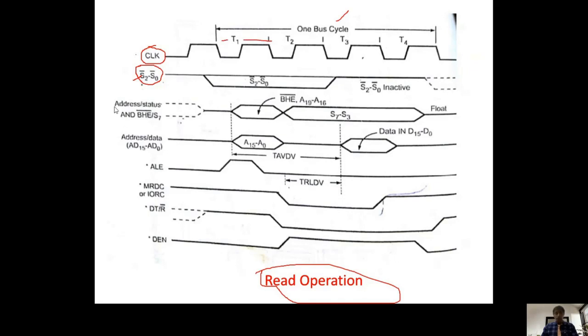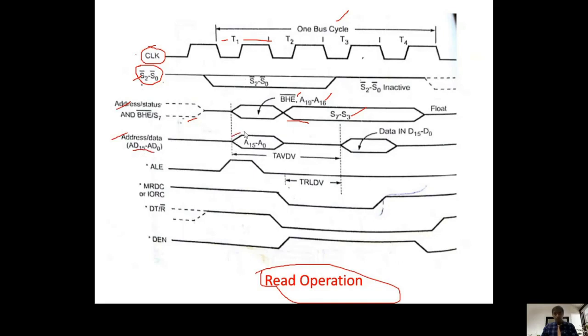First, the address and status lines, then BHE bar/S7. These multiplexed address and status lines are processed during T1, and after T1 they act like pure status lines and pure address lines, and BHE bar, separated after T1. Similarly, the address and data lines AD0 to AD15 are also processed during T1.